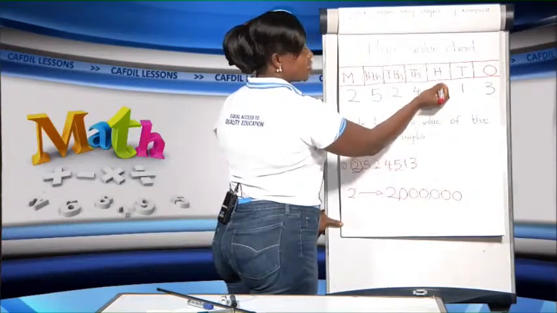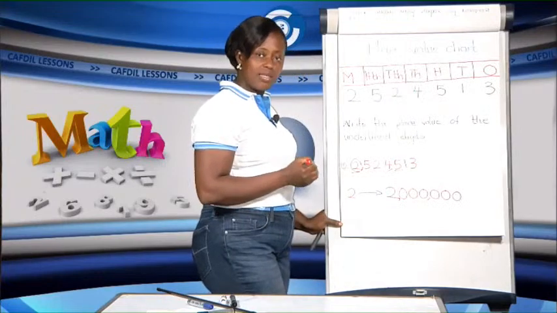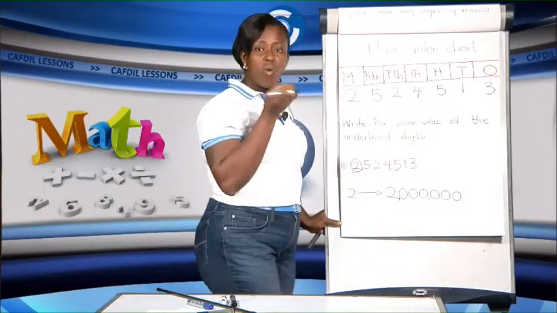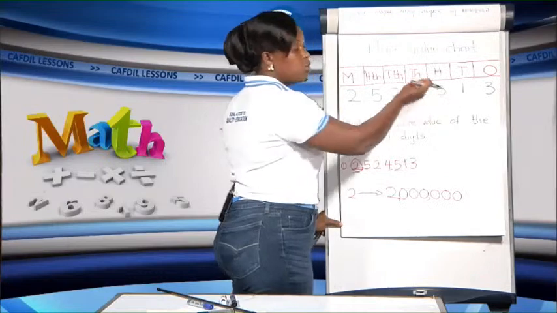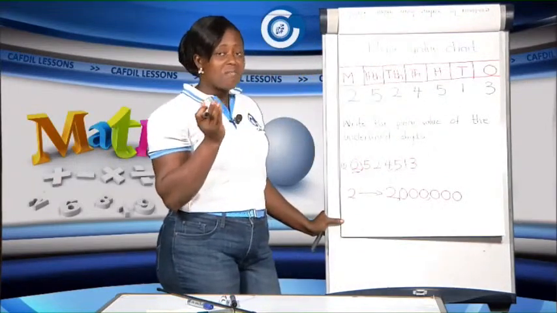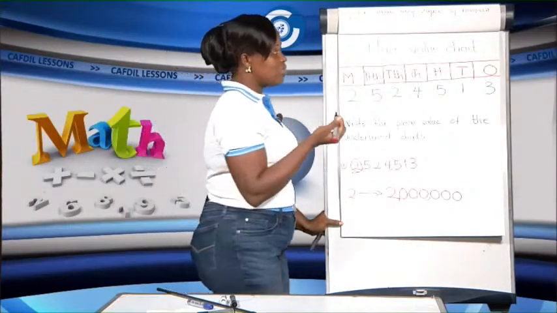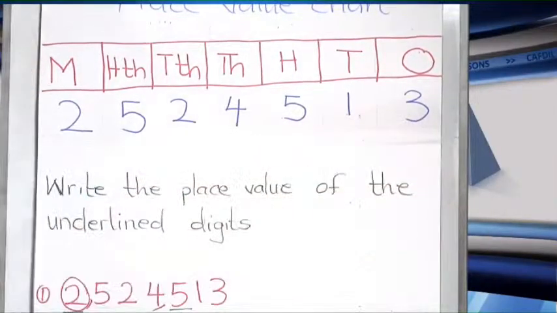This 5 is in the hundreds place. So the place of this 5 is hundreds. Now we want the value. How many of the hundreds? 5. So 5 of the hundreds will give us 500. But if you want to write it this way, you write 5 and assume the rest of the numbers after the 5 to be zeros.